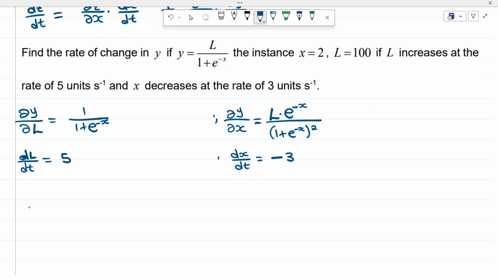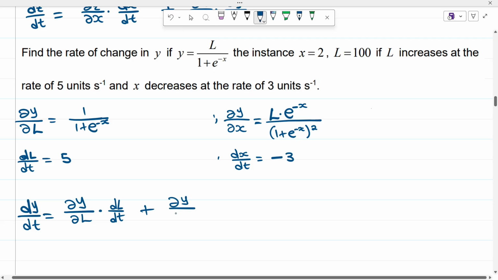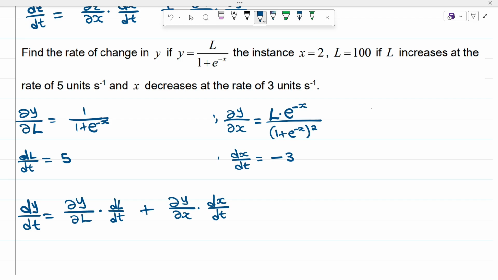So dy/dt is going to be equivalent to the partial derivative of y with respect to L multiplied by dL/dt, plus the partial derivative of y with respect to x multiplied by dx/dt, just like that.